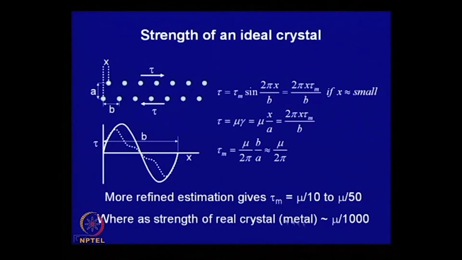So, that means there is a two order of mismatch. So, strength of real metal crystals is of the order of shear modulus over maybe 2000, 3000, that means 2 orders of magnitude lower than this. Now, later on we will see why it is so.